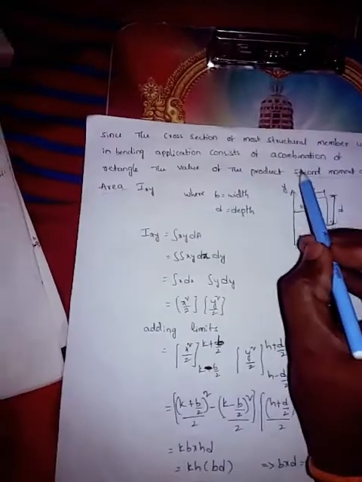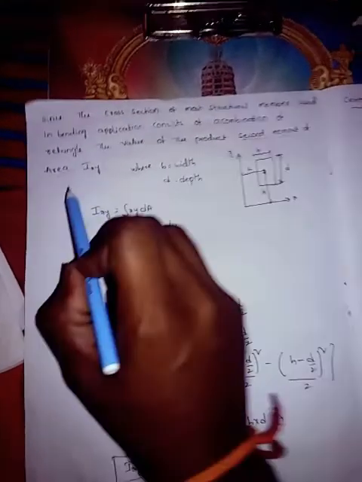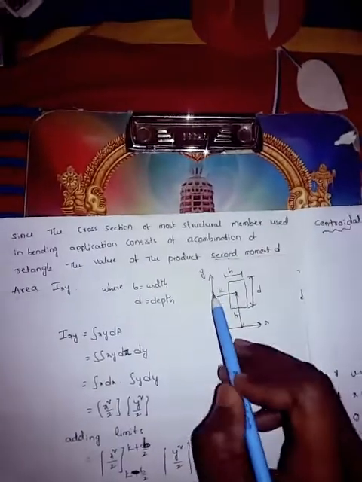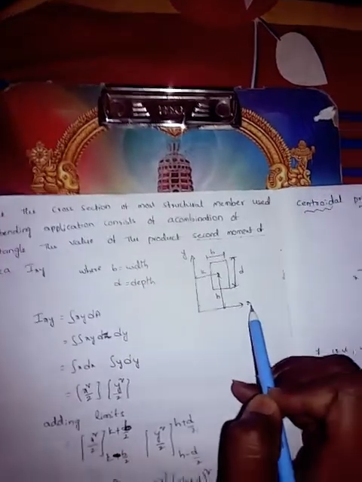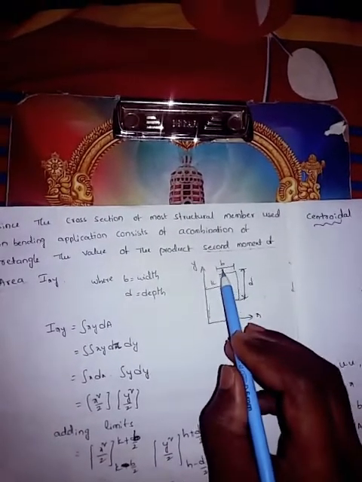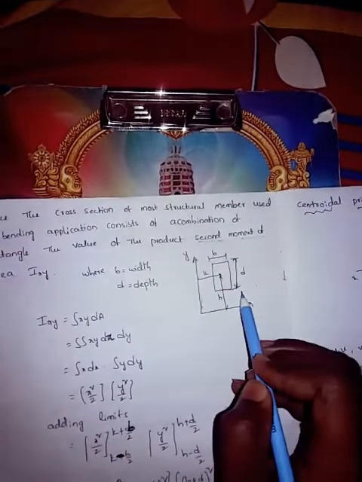From this diagram we find the second moment of area Ixx. Like this diagram, we draw another diagram with the y coordinate and the x coordinate. Take a rectangle of breadth b and depth d.